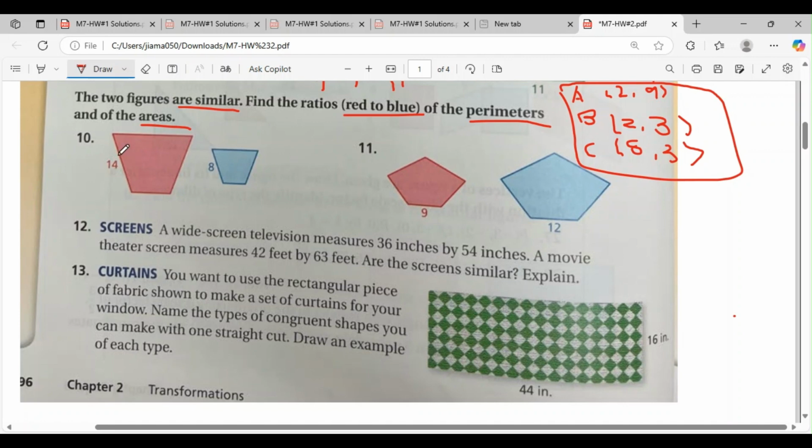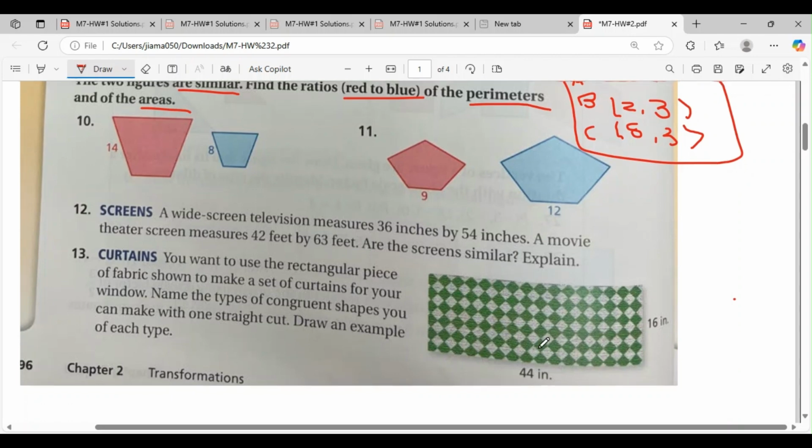This side is 14 and this side is 8. Because the two trapezoids are similar, the ratio of their corresponding sides is 8.